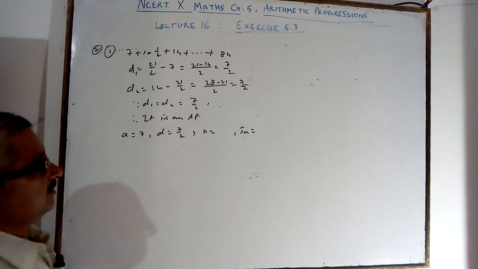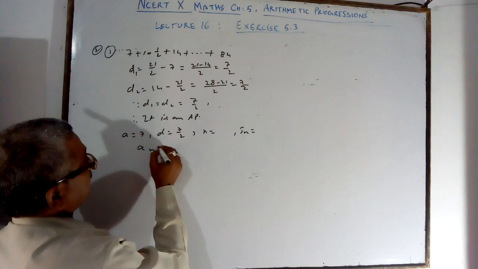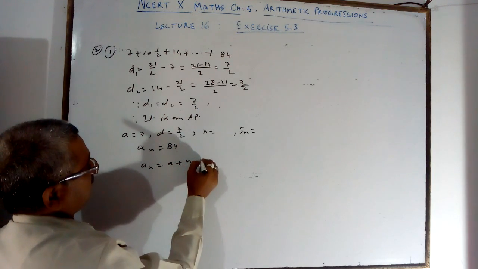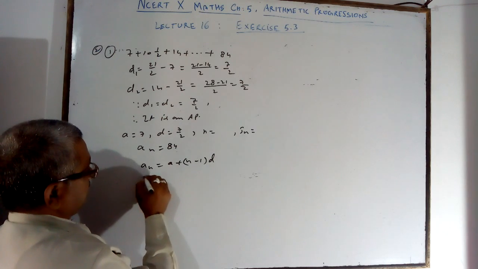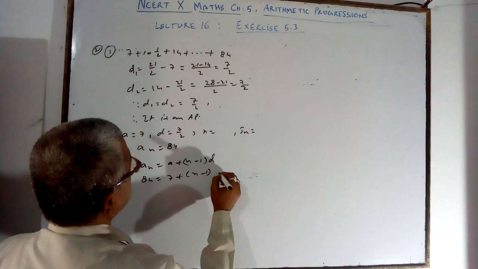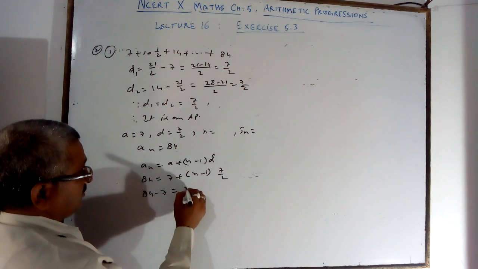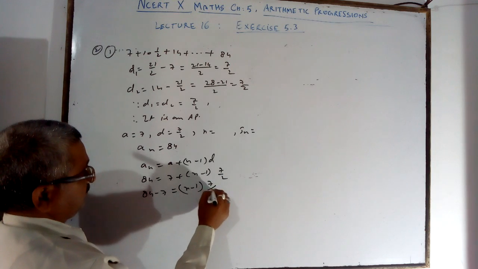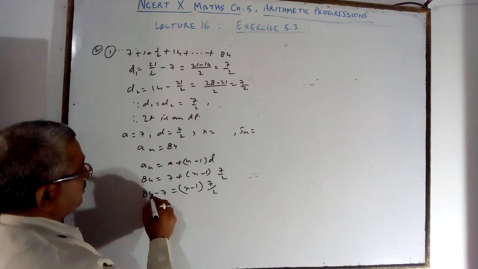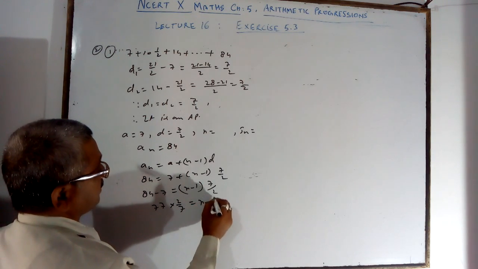And then you don't know n, you want to find out Sn. Two things you want to find out. So for n, an is given. What is an? an is given 84. So an is equal to a plus n minus 1 into d. Apply the formula: 7 plus n minus 1 into 7 by 2. So 84 minus 7 is equal to n minus 1 into 7 by 2. 77 into 2 by 7 is equal to n minus 1.